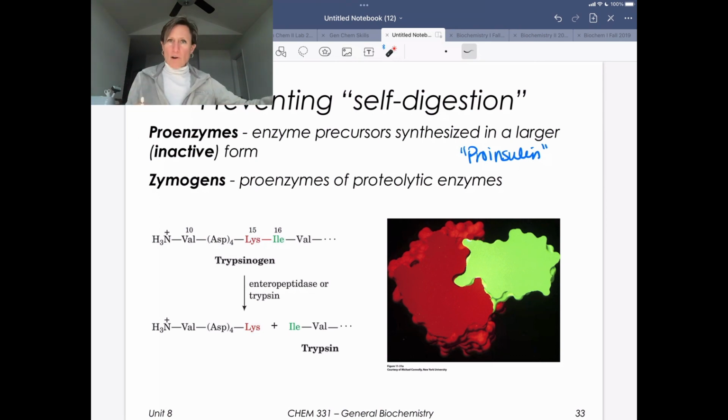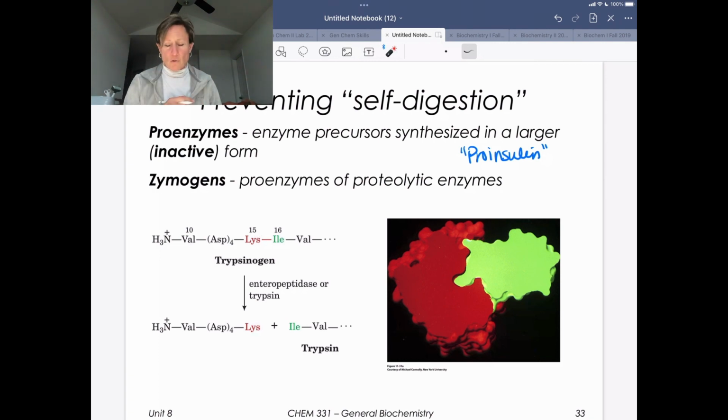Why this is important is when it's there and the protein folds, it doesn't create the catalytic triad, so it can't do its chemistry. But if you snip off these little 15 amino acid residue pieces, then all of a sudden you can rearrange, you can shift, and you become active because you created that catalytic triad.